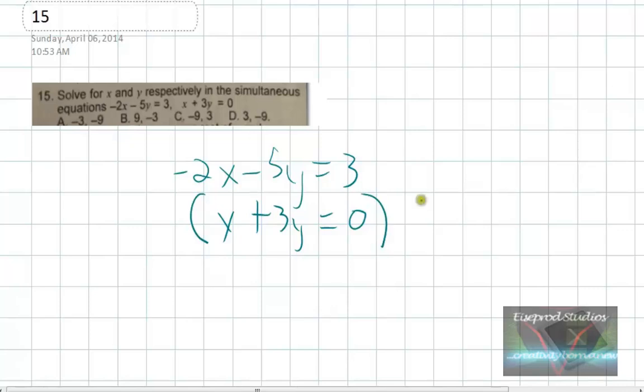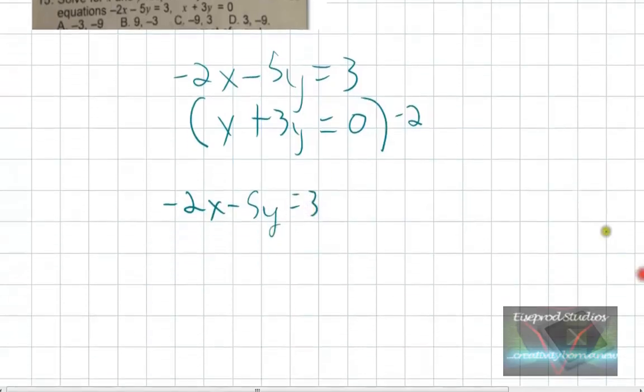And so I'm going to say times negative 2, and I'm going to rewrite what I have. So I still have the top part the same. Negative 2x minus 5y is equal to 3. And then the bottom equation, negative 2x, I'm going to say minus 6y.